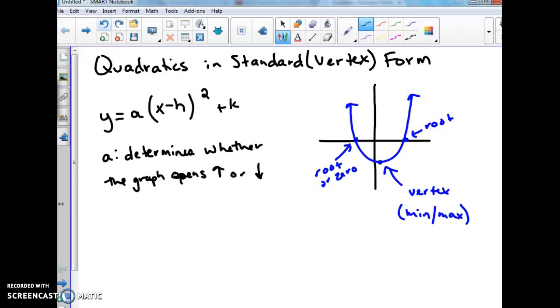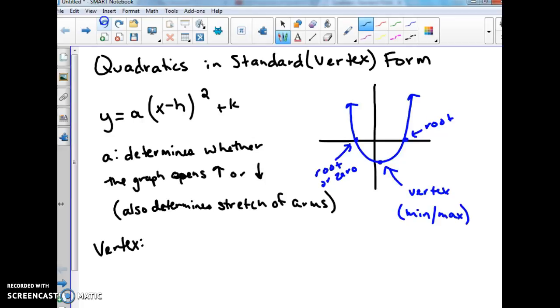And we'll look at some different parabolas so you can see the difference there. So the a value also determines the stretch of the arms. Okay, then we have our vertex. Our vertex is at the point (h, k).